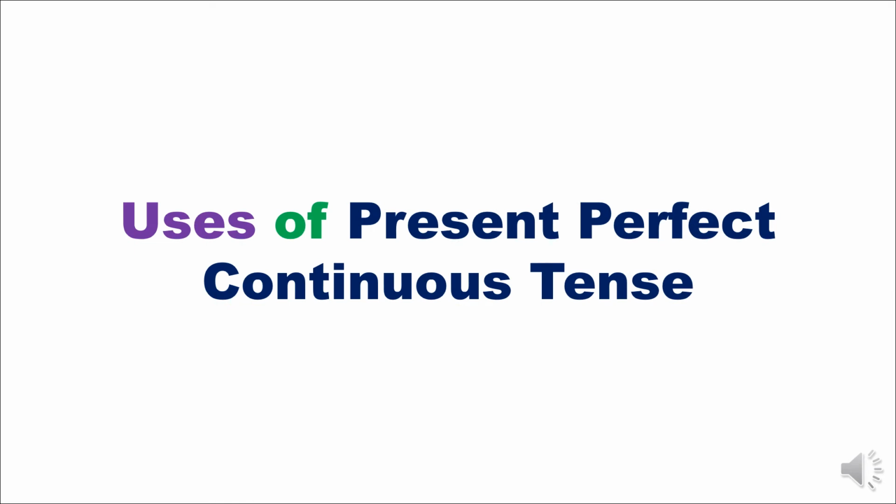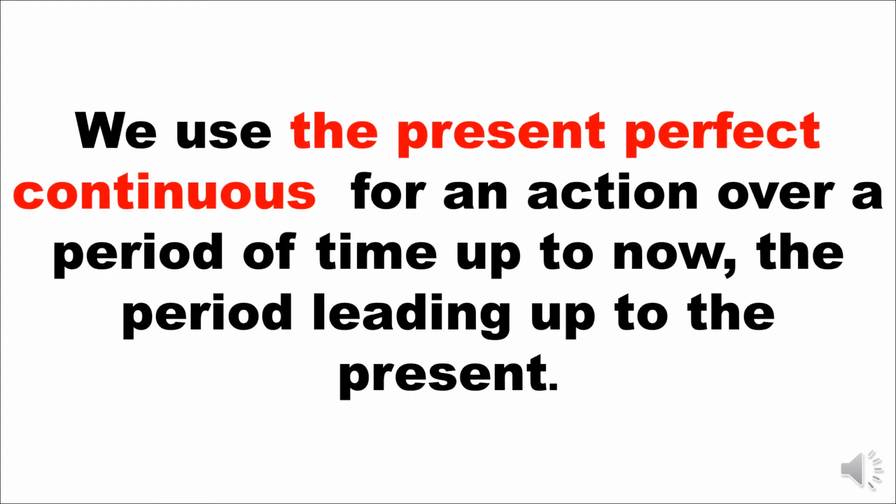Uses of present perfect continuous tense. We use the present perfect continuous tense for an action over a period of time up to now, the period leading up to the present.